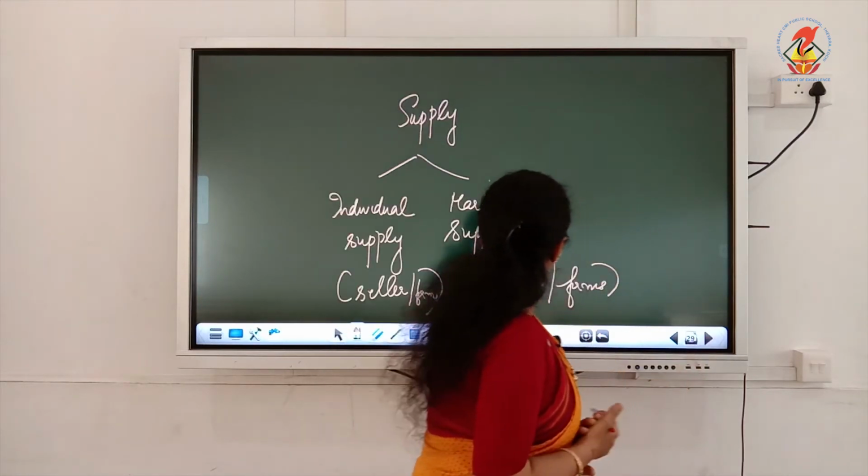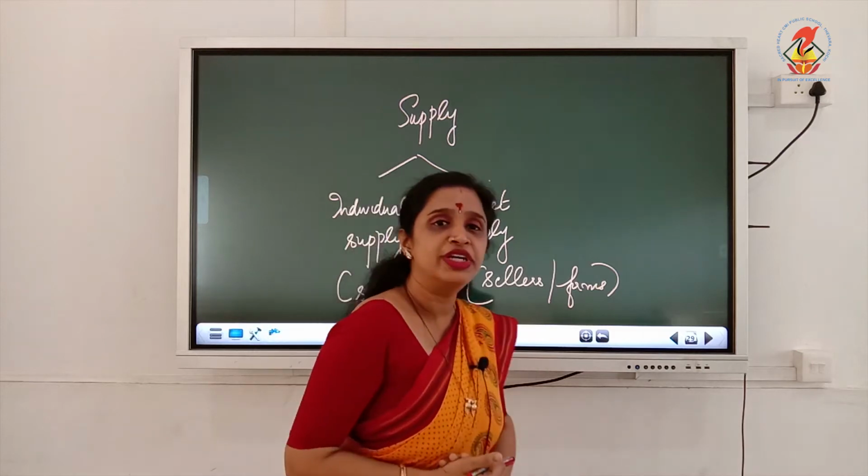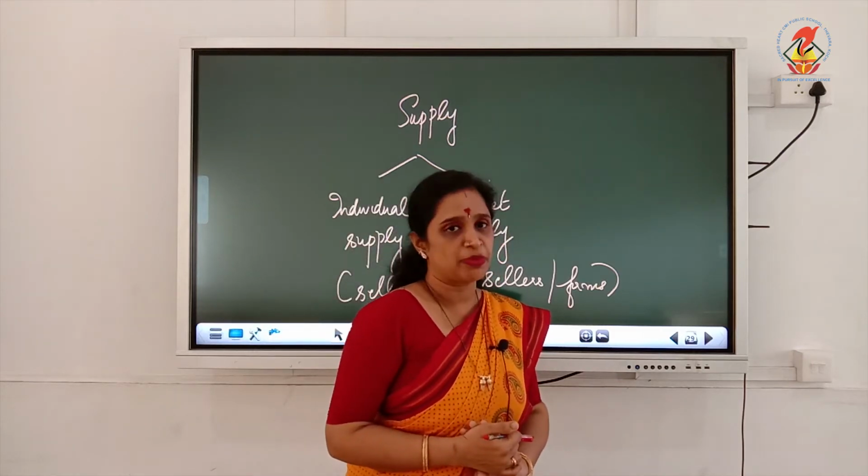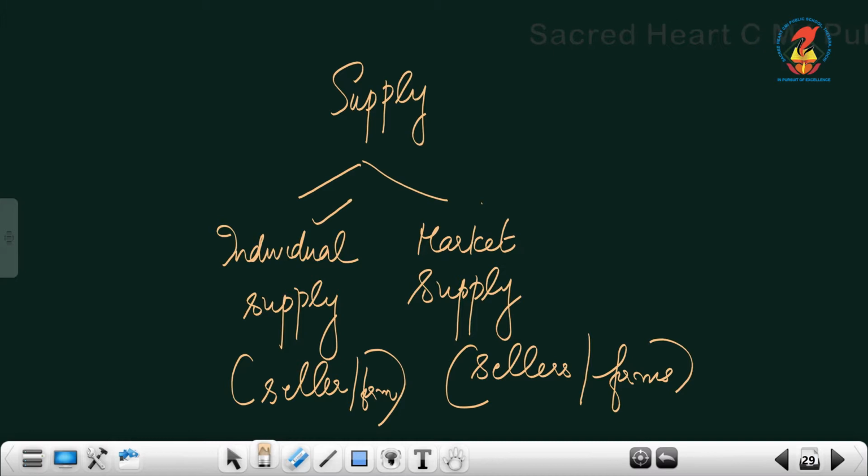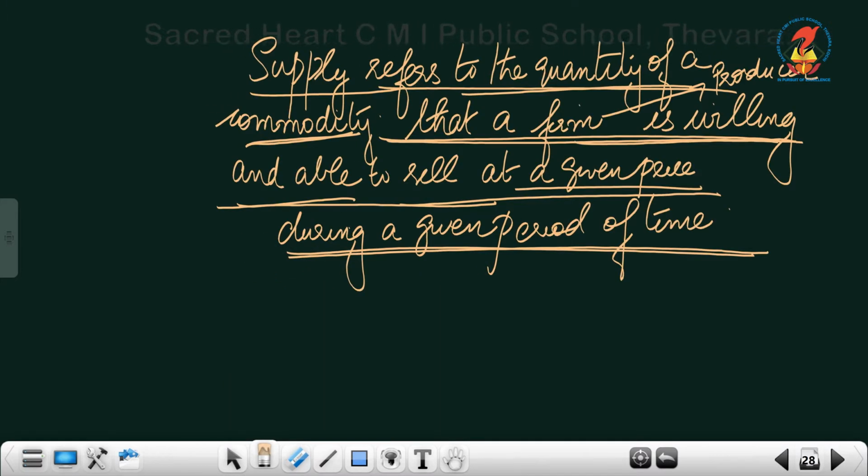Now, just as we have learned for demand, there are two types of supply. One is individual supply and the other one is market supply. When we speak about individual supply, we can write the definition from the previous definition we have learned.